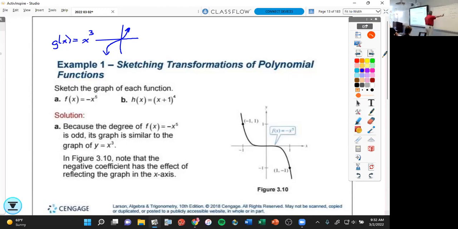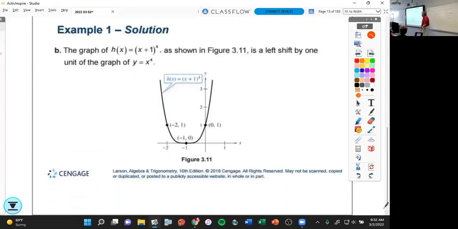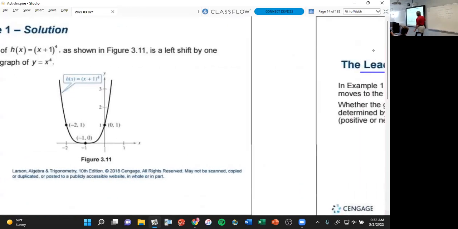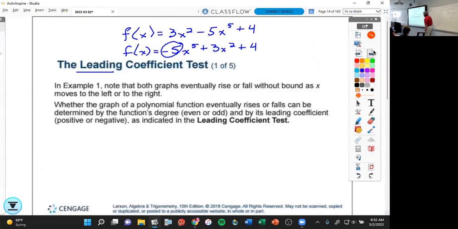As we go to the right, it's decreasing forever. For the other, going to the left it's increasing forever, and going to the right it's increasing forever. That's what this is talking about: both graphs eventually rise or fall without bound as x moves to the left or the right.